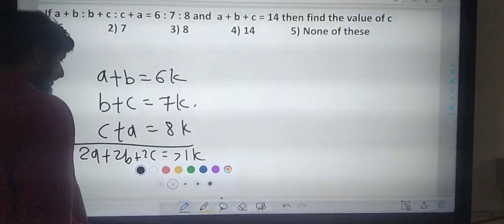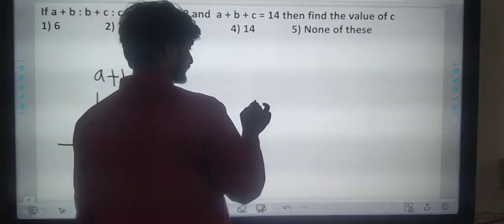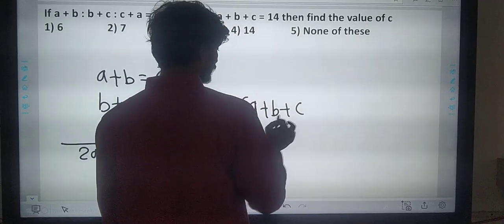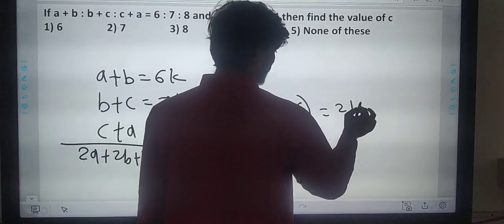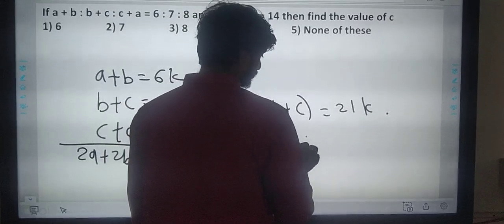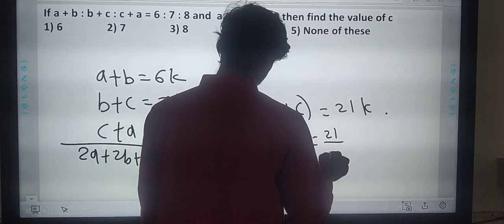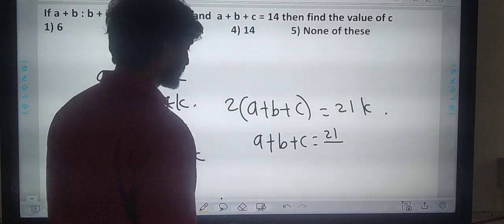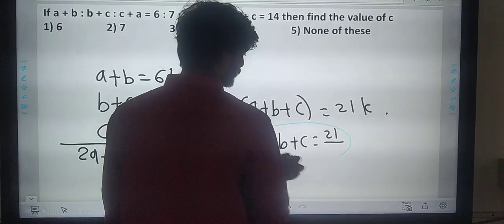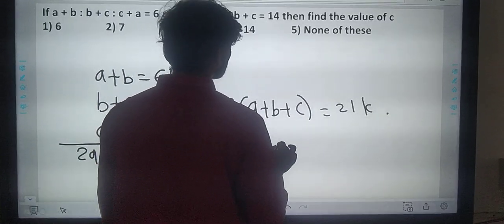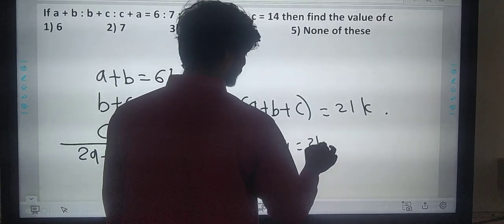Now here we write A plus B plus C is equal to 21k upon 2. The value of A plus B plus C is given, so we directly put the value here. Then 2 into (A plus B plus C), which is 28, is equal to 21k.